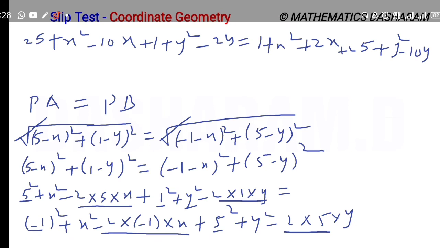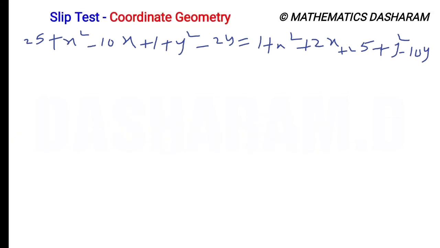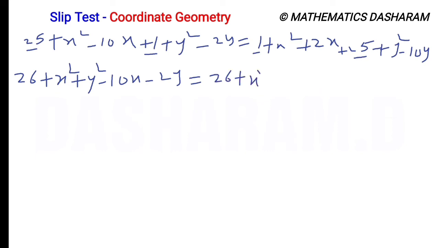So now 25, here, let's add the numbers 25 and 1, total 26. Here x square plus y square minus 10x minus 2y. Next here 1 plus 25, 26 plus x square plus y square. Next plus 2x minus 10y.